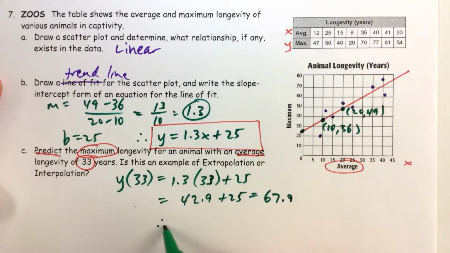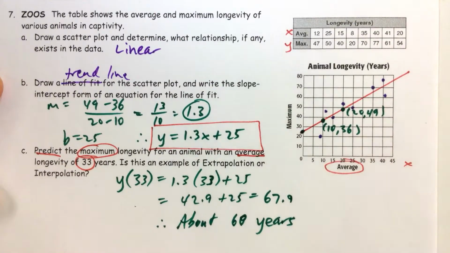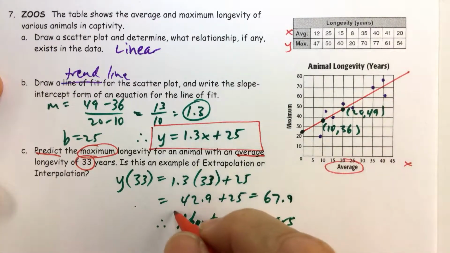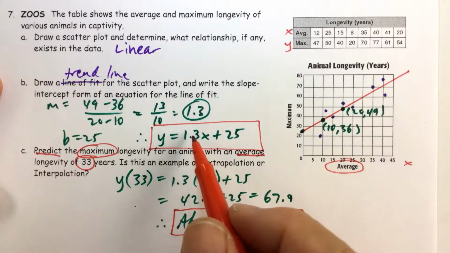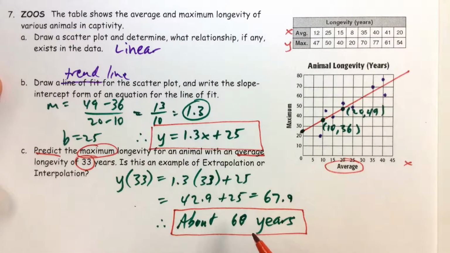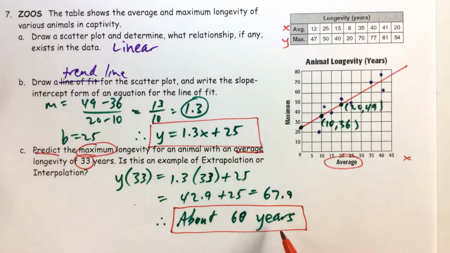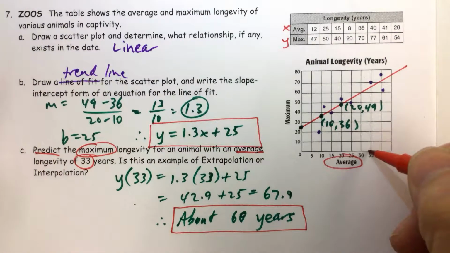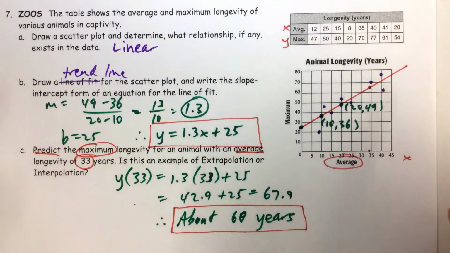So therefore about 68 years. We might want to keep that 67.9 there to show that we plug 33 into our trend line equation, and then we end up getting about 68 years. So that's what we would expect the maximum lifespan to be. And if we look at 33 over here, it's close to about 68 years right there. So it checks out.